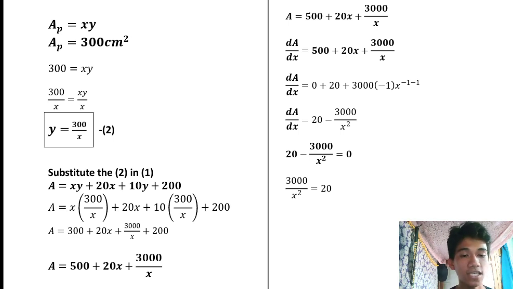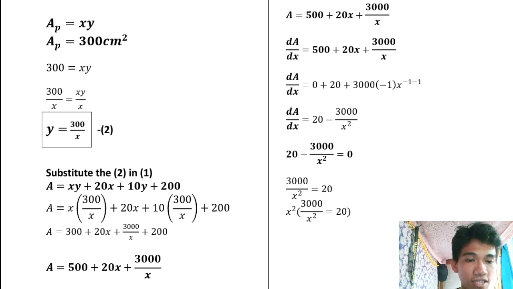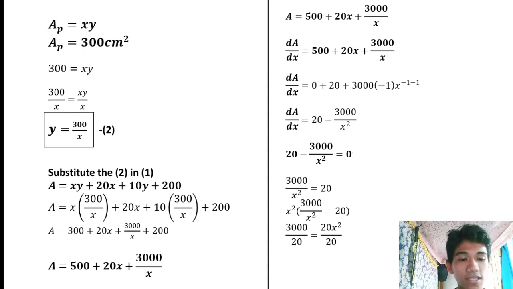After that, since there is a denominator on one side, which is x squared, we multiply both sides so that the x squared cancels in 3,000 over x squared. After multiplying, the x squared cancels.